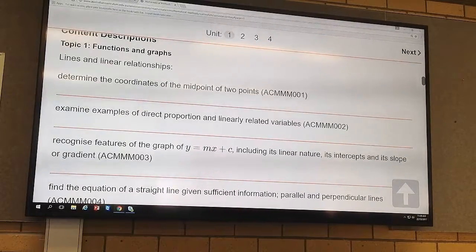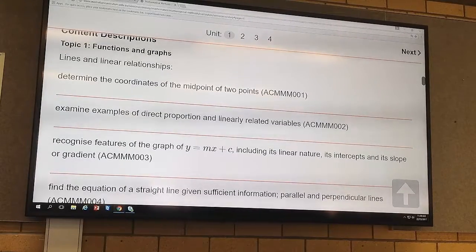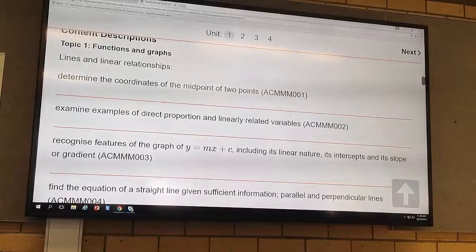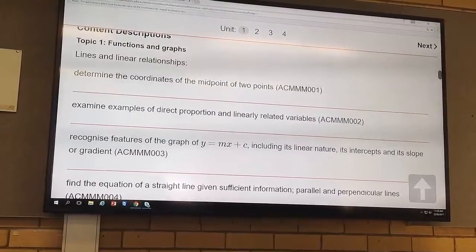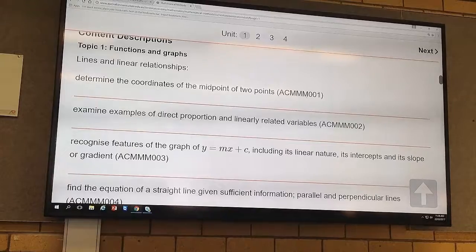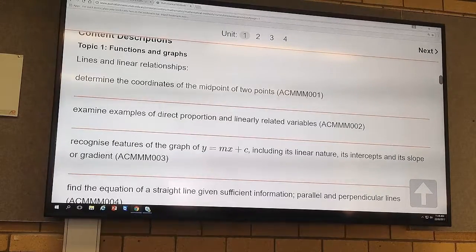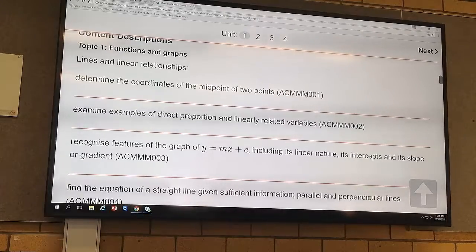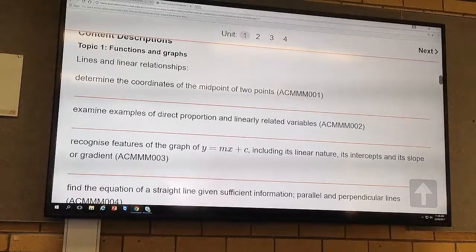You remember when you did proportion, they do it in about grade 9 or 10. You double this, you double that, they're in direct proportion. That's a linear relationship. If I triple this, I triple that. So direct proportion is the lower secondary school way of talking about linear relationships.